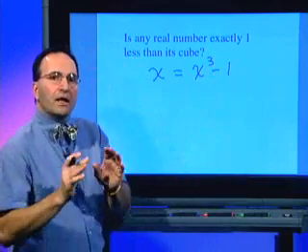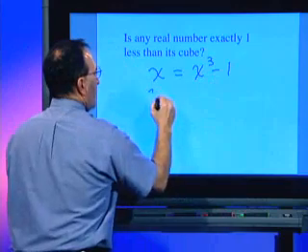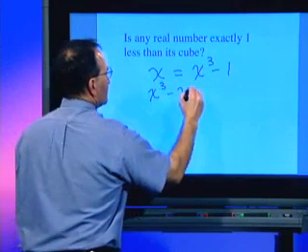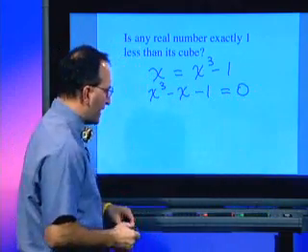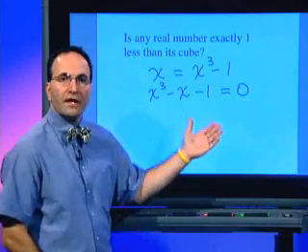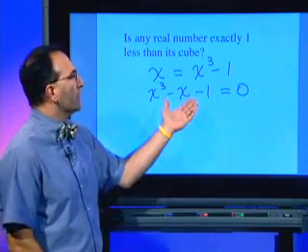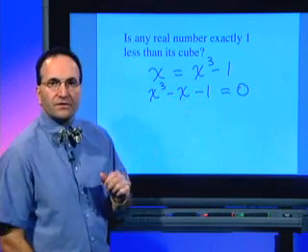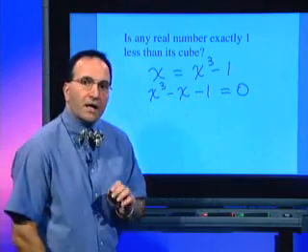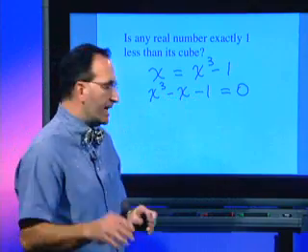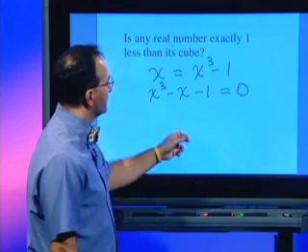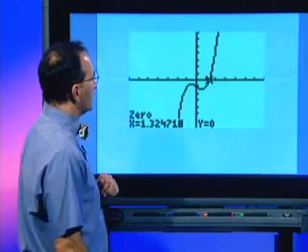Okay, well, let's get this now in the form x cubed minus x minus 1 equals 0, because that's what we would have to solve in order for us to have a value of x for which this is true. So now let's take a look at the graph and see if that can help us determine what's going on.